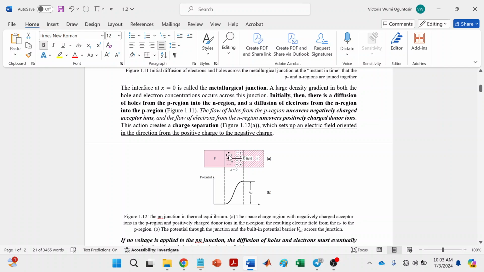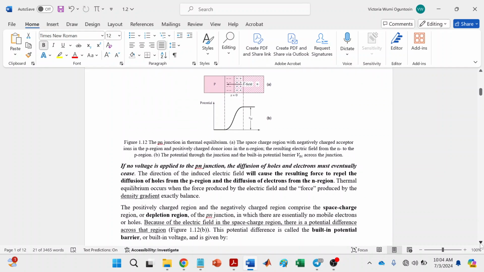These ions that are being produced result in a charge separation. As you can see here, this charge separation sets up an electric field, and the direction of the electric field is from the positive ions to the negative ions, so it's from the N region to the P region.